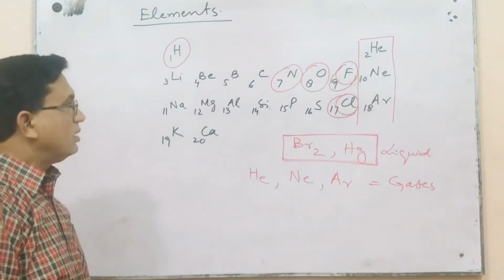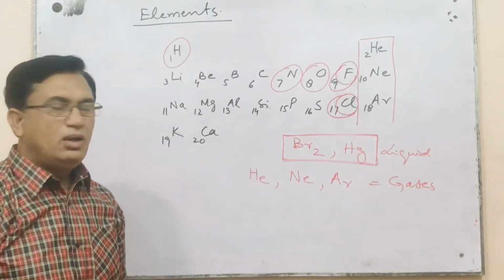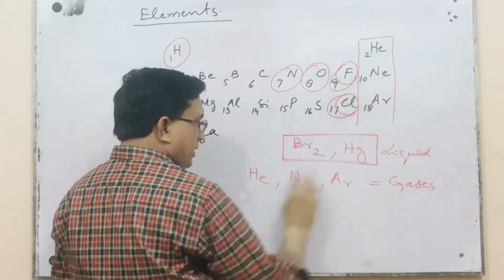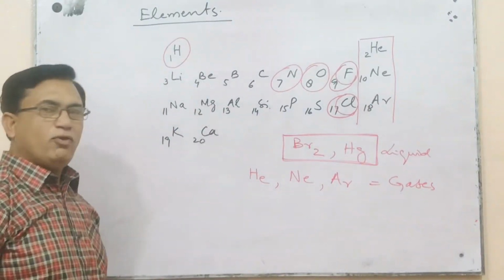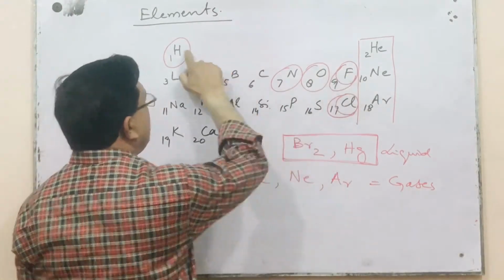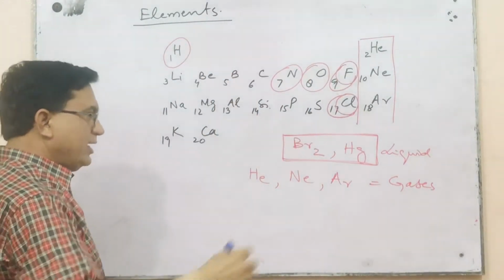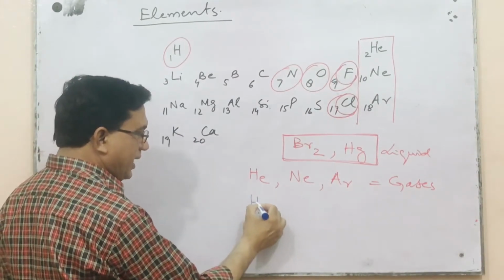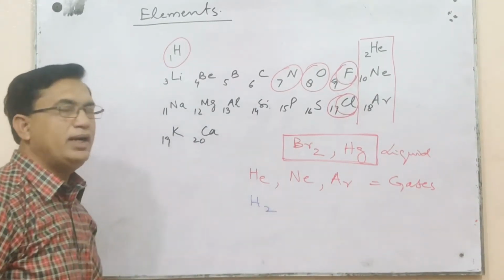But as the noble gases are represented in monatomic form, these gases are represented in diatomic form. For example, whenever we have to write hydrogen, we will write H2.